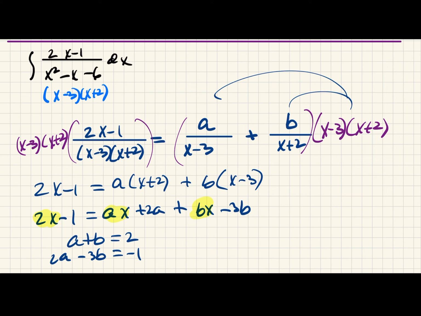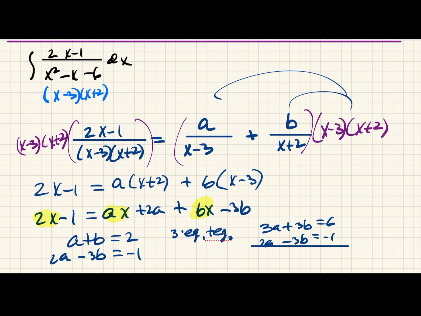I could multiply, let's say we multiply equation 1 by 3 and add that to equation 2. Because that's going to give me 3a plus 3b equals 6, and 2a minus 3b equals -1.